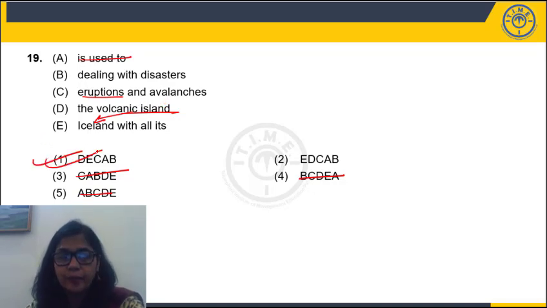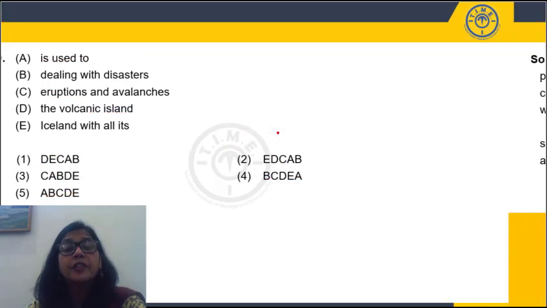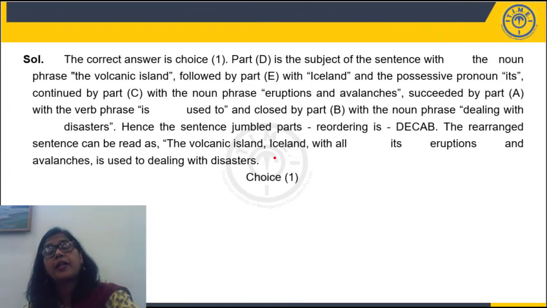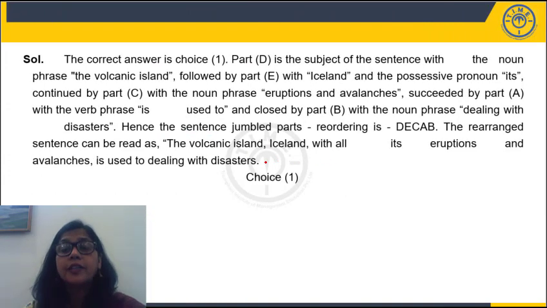Correct answer. Now, just to check out your second one, ED, Iceland with all its, the volcanic island. Again, no connection there. So we have the sentence as: the volcanic island, Iceland, with all its eruptions and avalanches, is used to dealing with disasters.